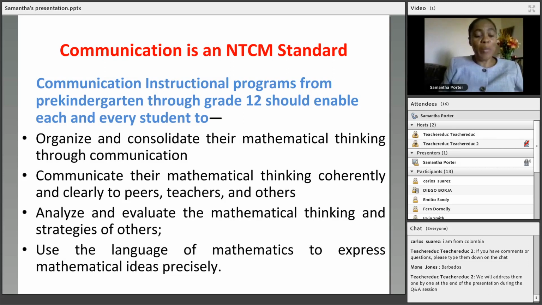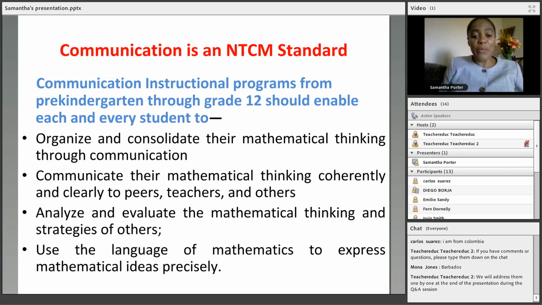One, when we communicate, according to the NCTM, it organizes and consolidates students' mathematical thinking, communicating their mathematical thinking coherently and clearly to peers, teachers, and others. This is an absolute necessity.